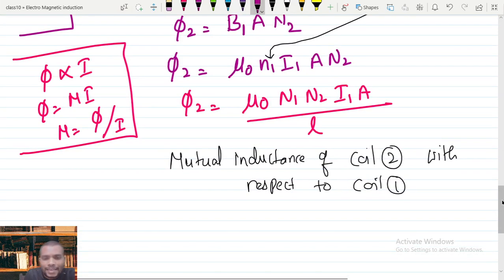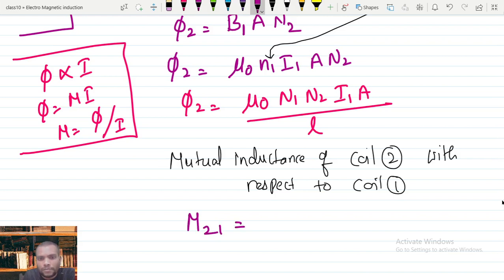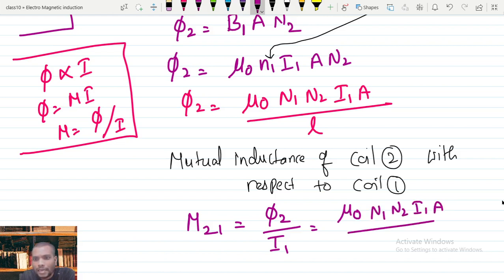Now in that case I can get the mutual inductance of coil 2 with respect to coil 1, which is equal to the flux in coil 2 upon current in coil 1. So we got the flux expression above. If you put that here, mu naught times N1 N2 I1 times A upon L upon I1.